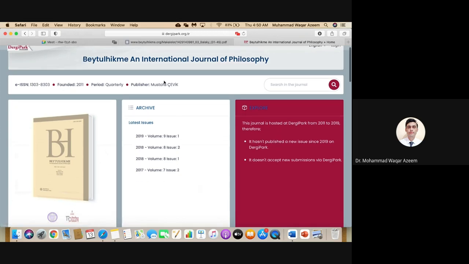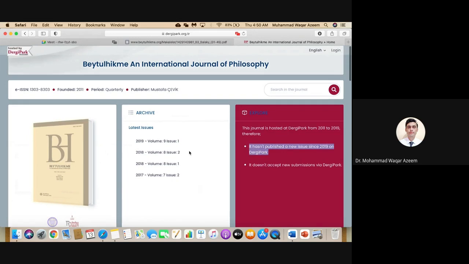You might note over here it also says that the journal has not published since 2019. So it went out of publication in the last 2 years. That also makes the journal a little fishy.